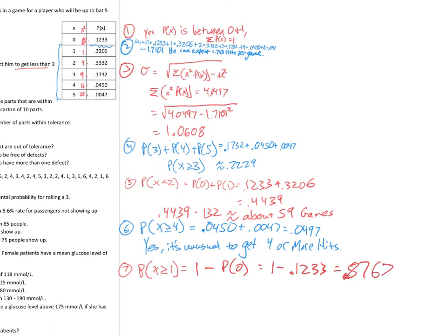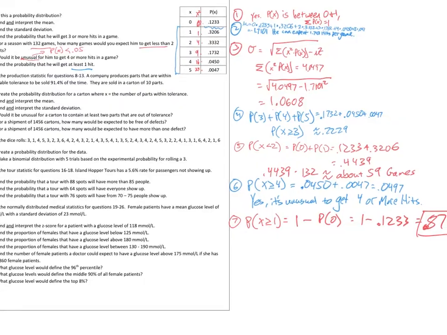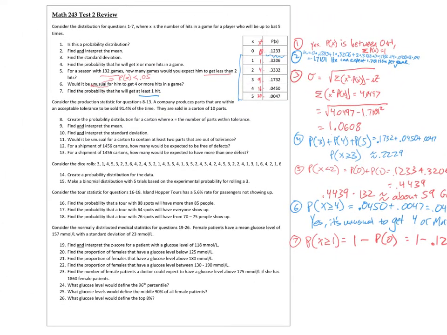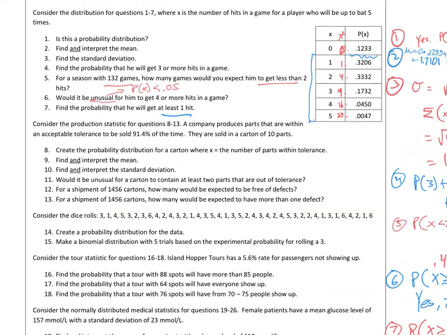Okay, so that's the idea. There's an 87% chance that he'll get some hit. So there'll be some games where he doesn't get any hits, but a good chance he'll get at least 1. That's the idea.